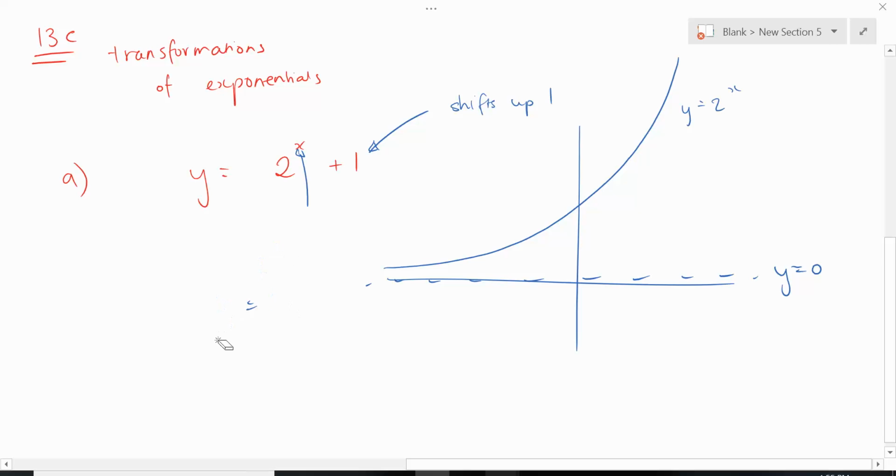But now, if I said I shift everything up by 1, how does that change things? If I had an asymptote at 0 and a y-intercept at 1, which looks like this, if I shift everything up by 1, what would change? Charlotte?